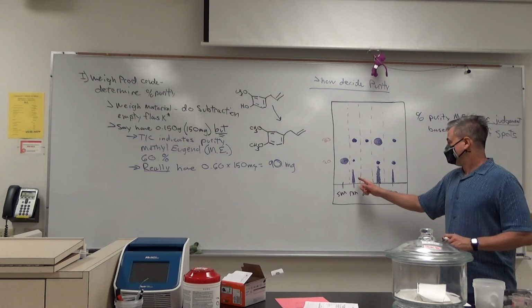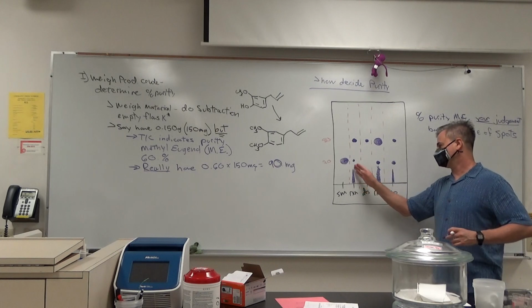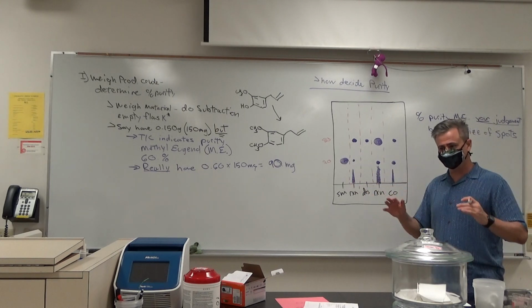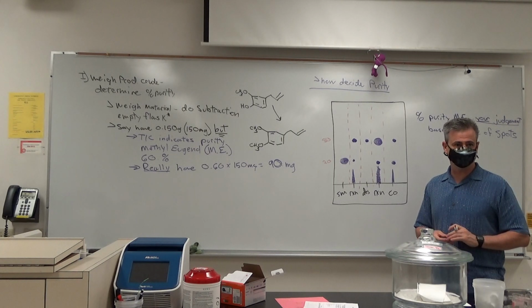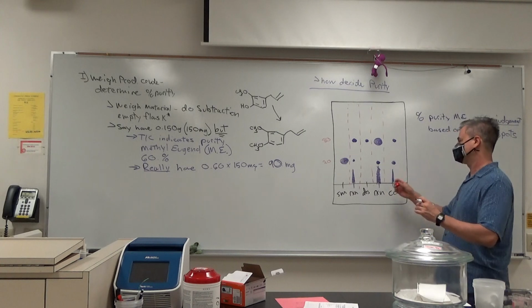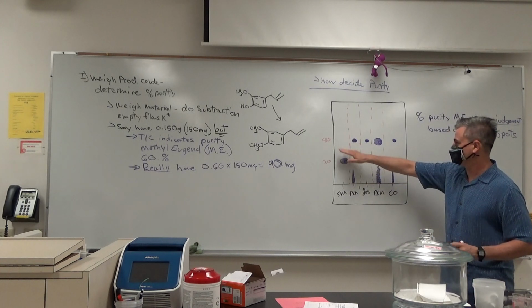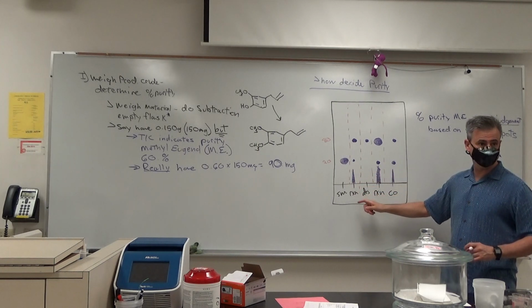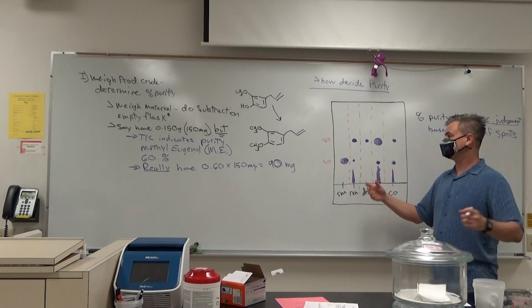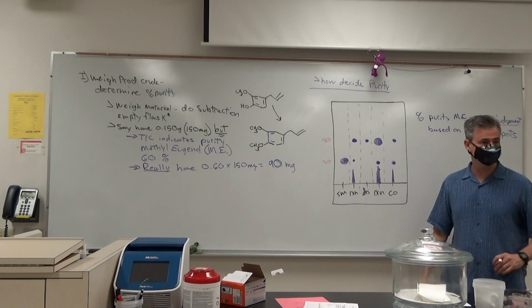So we have to take that into account. We're on uneven ground here on our estimate. This is a real rough estimate. If it was just that, I would say it's 80-20, but this has cost me some of that purity as well. So that's where I came up with 60%.